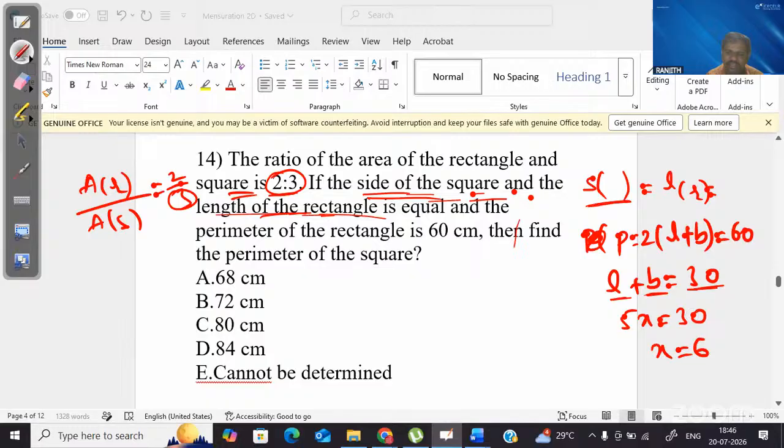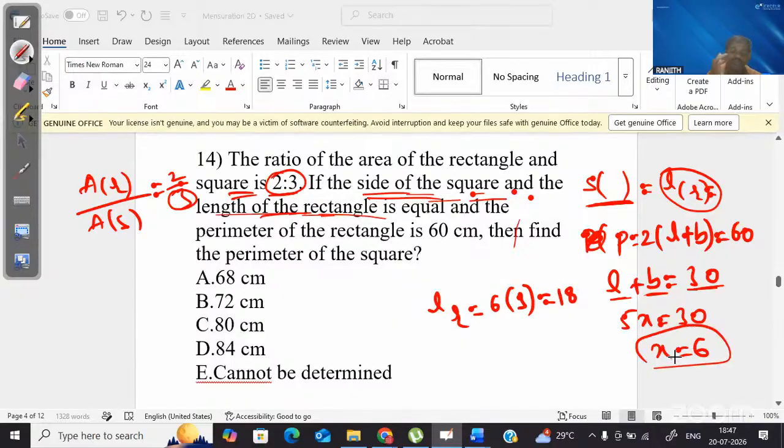Side of square will be equal to length of rectangle. So length of rectangle will be equal to 6 into 3 equal to 18.